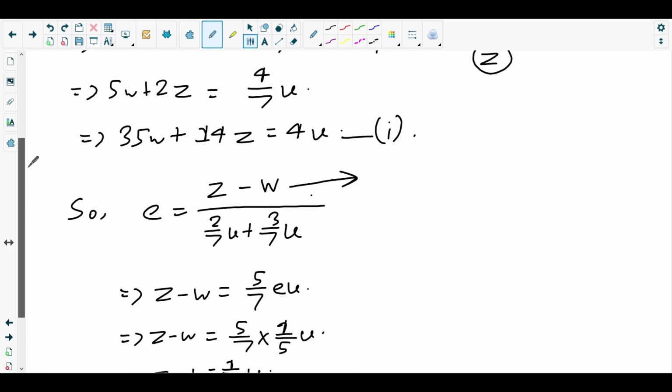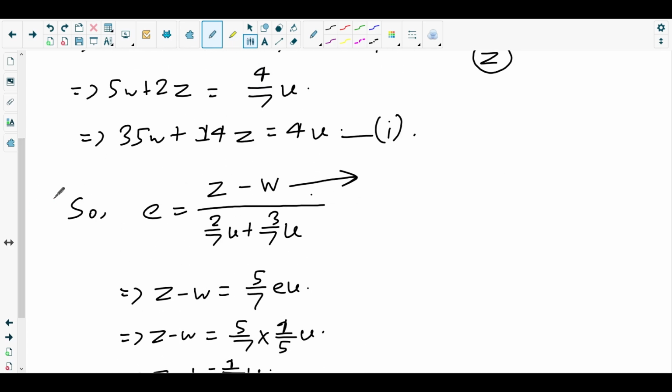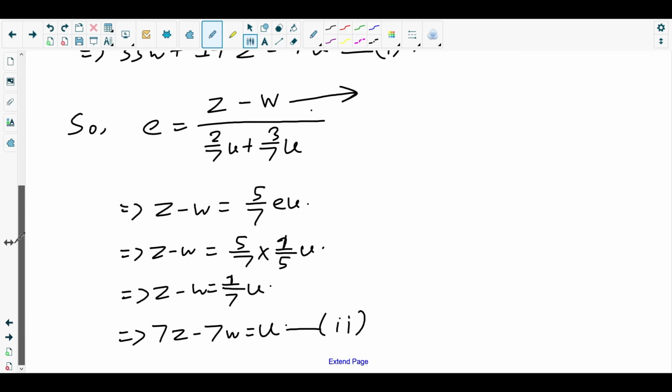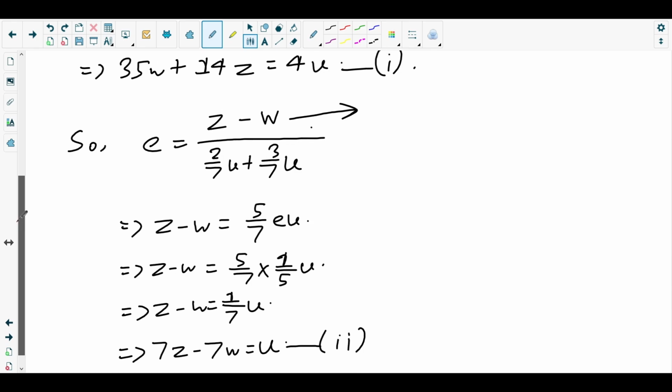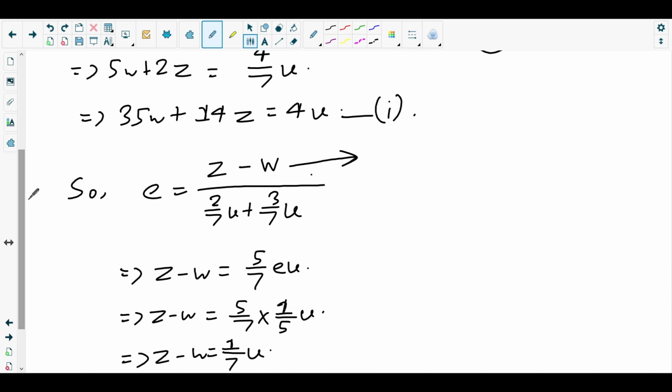Now we have to solve the simultaneous equations. So let's multiply the second equation by 5 and then add it to the first equation.